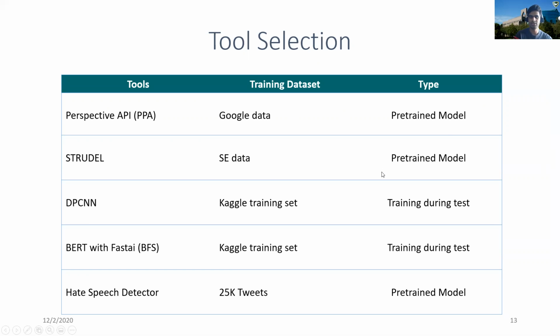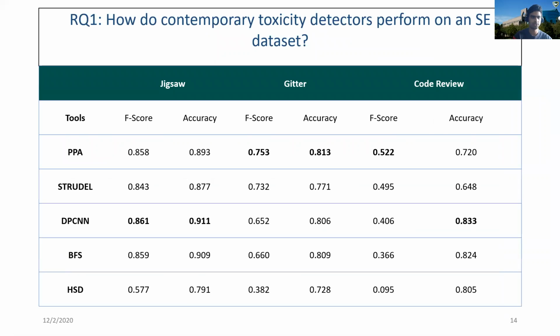So here are the training data set and the type of those tools. Then we have tested all the models using our data set. So our research question 1 is, how do contemporary toxicity detectors perform on a software engineering data set? And we have found that for the Jigsaw dataset, the performance is very good for all of the tools because Jigsaw comments are from the general domain, but the performance degrades in Gitter compared to Jigsaw because Gitter messages include general comments as well as software engineering comments.